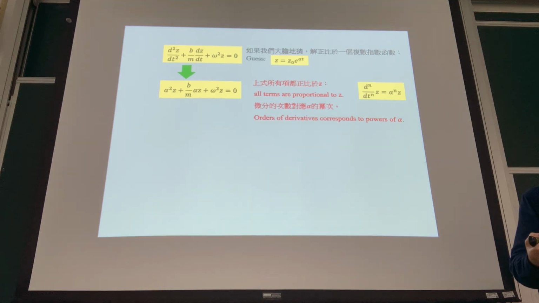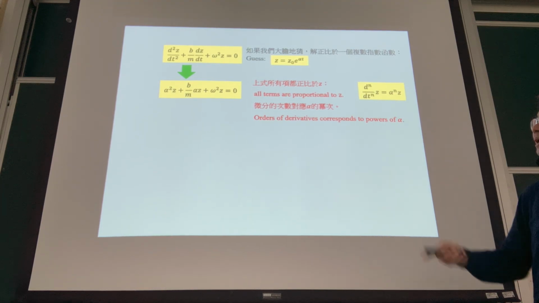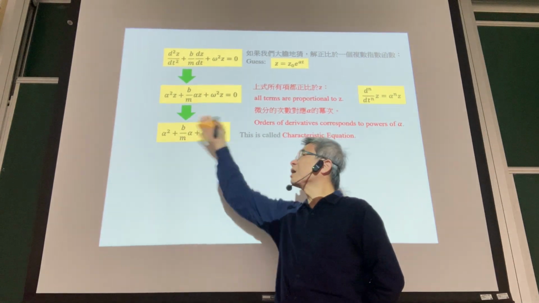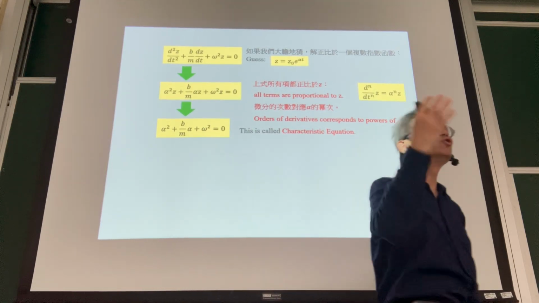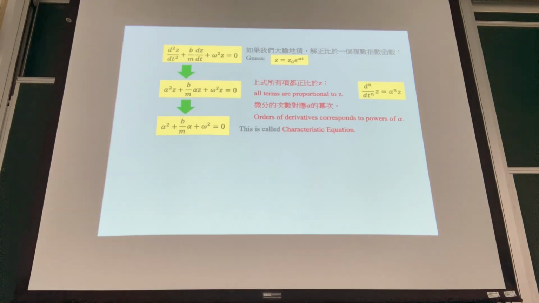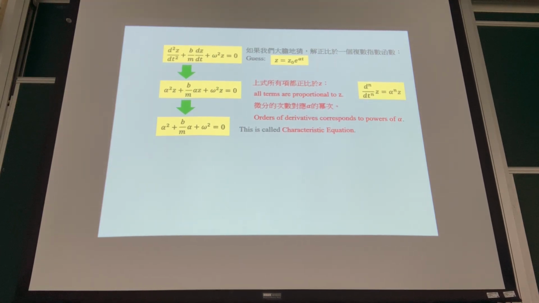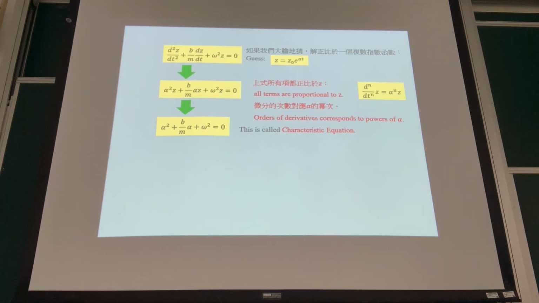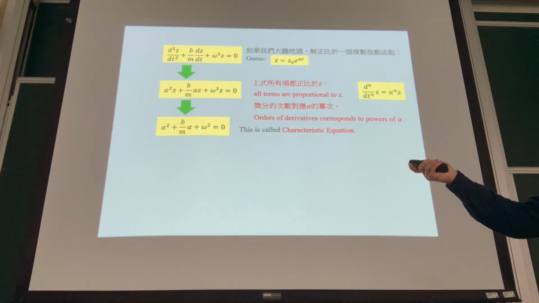It's a function, it couldn't be 0, so I can cancel out z and arrive right away at, ladies and gentlemen, alpha squared plus b over m alpha plus omega squared equals 0, an algebraic equation. The same story, the second time. So from a differential equation, by this genius invention, this genius guess, we arrived at the equation algebraically.